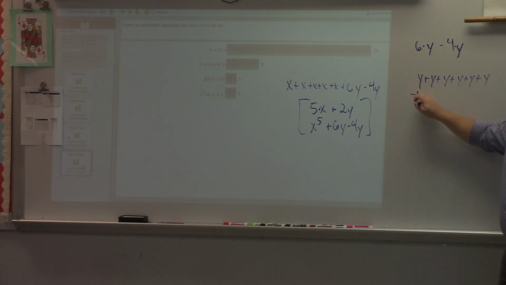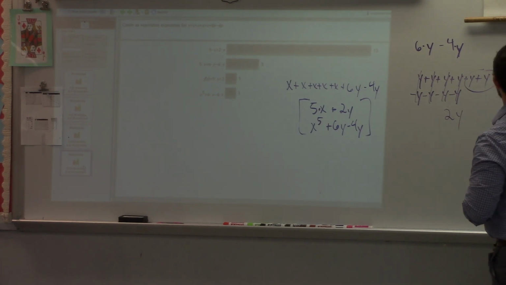I'm taking away 4y's. I want to formalize, and I want to make sure this is clear because it's not 6 minus 4. It is 6y's minus 4y's, which leaves me with how many y's? I'm literally left with 2 y's being added, right?